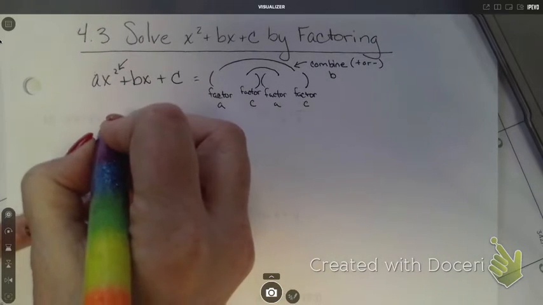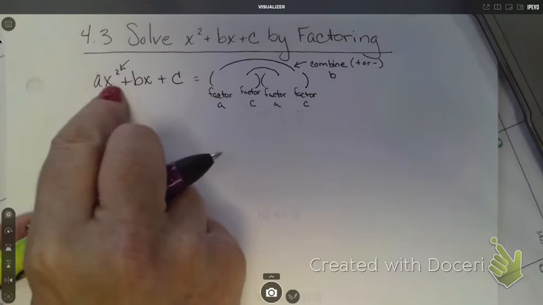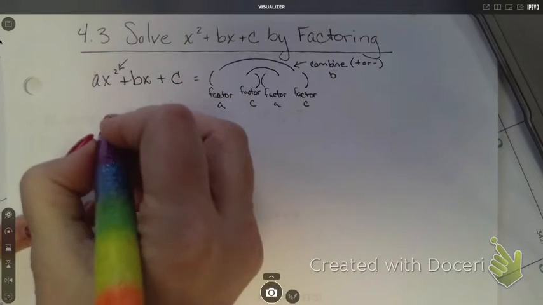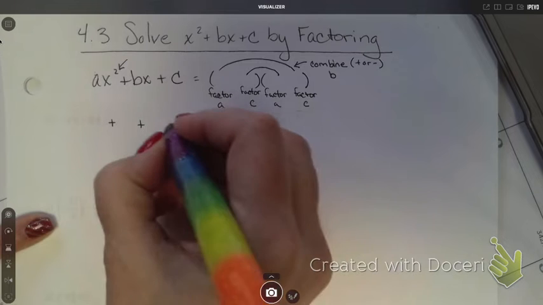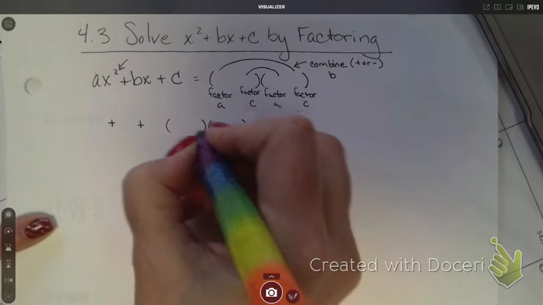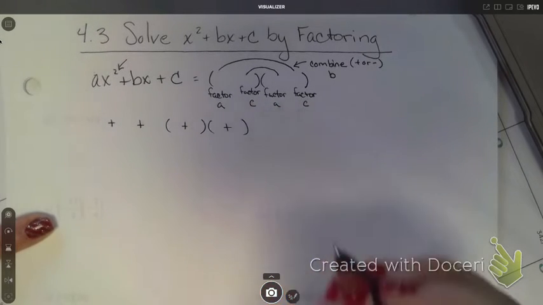If you have ax squared plus bx plus c, with a plus, it will factor into what? Plus, correct?